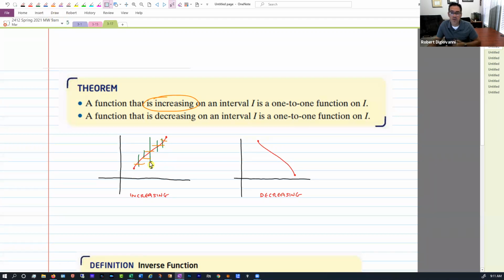If you have a decreasing function, same thing: you run a vertical line test, you'll be fine, and then a horizontal line test, you'll be fine. That's all that theorem is saying. Increasing and decreasing portions of our graph are always one-to-one.